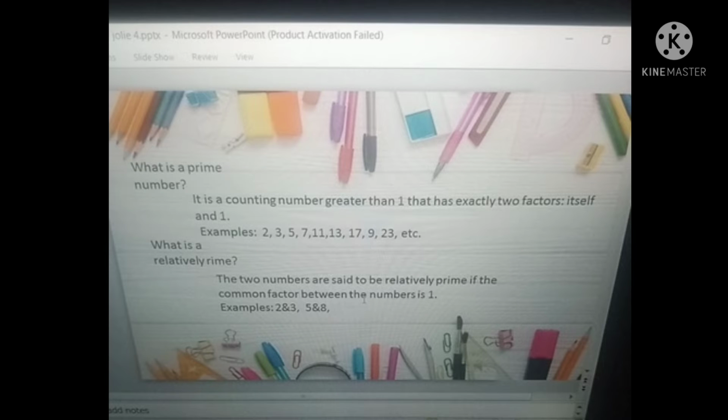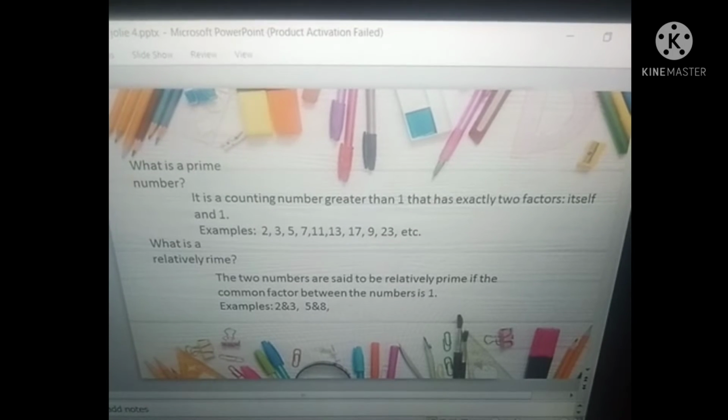That is, two numbers are relatively prime if their greatest common divisor is positive 1. For example, the greatest common divisor of 2 and 3 is equal to 1. Also, for example, 5 and 8: the GCD of 5 and 8 is equal to 1. These are some of the possible examples of relatively prime numbers.